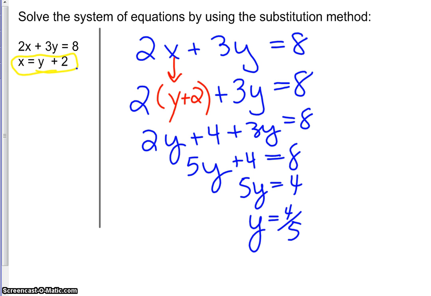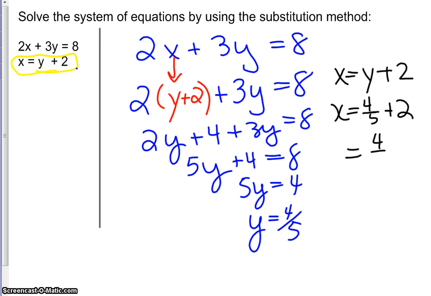Okay, we found part of it. Now from one of my original equations, what I circled in yellow, x equals y plus 2, so x must equal 4/5 plus 2. To add 4/5 and 2, I make 2 the same thing as 10/5, because 10 divided by 5 is 2. So my x in the end is 14/5.